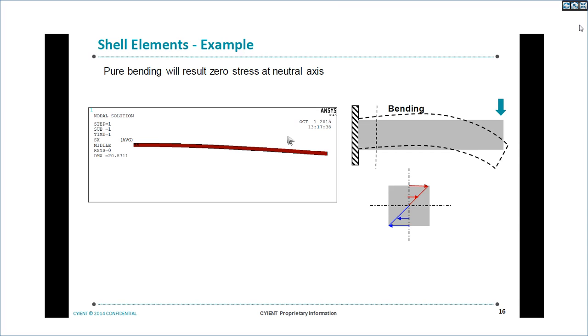Translation. Rotation. Because we have rotations in the shell elements, it is helping us get the bottom and top fiber results.